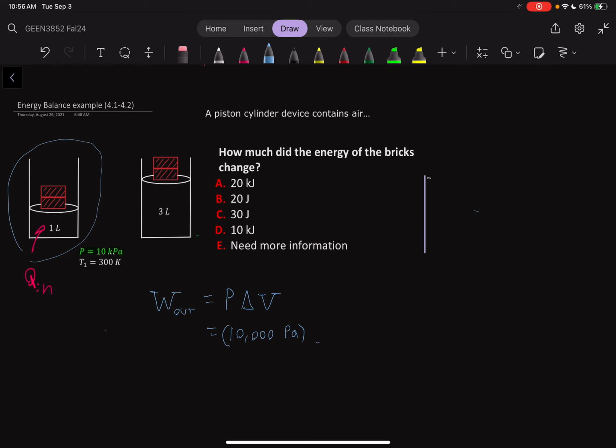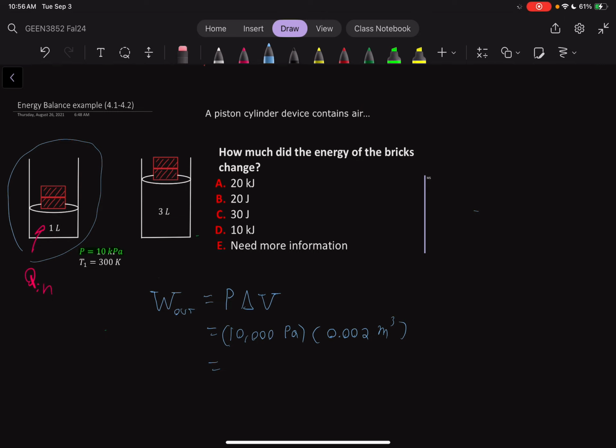And the change in volume, I had going from 1 liter, or 0.001 meters cubed, to 3 liters, 0.003 meters cubed. My change in volume is going to be 0.002 meters cubed. And so if I multiply those two things together, I get my work output. We said that pressure times volume gives me a unit of energy in a previous video.